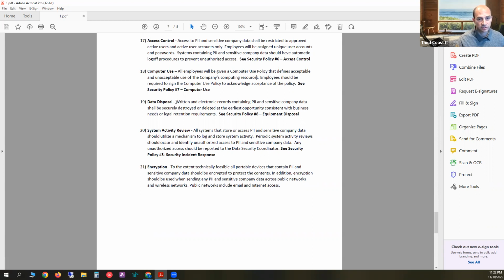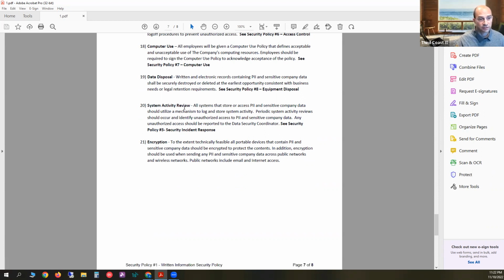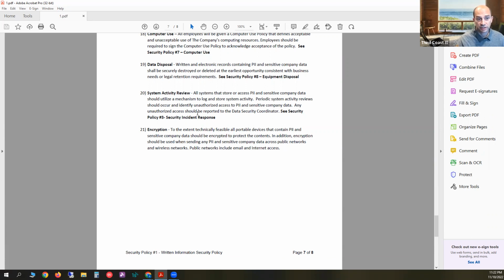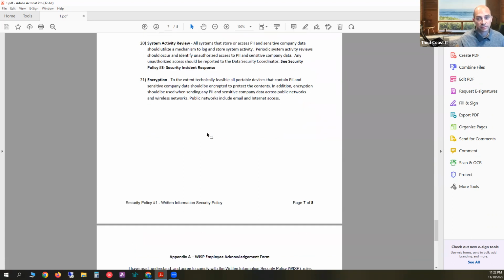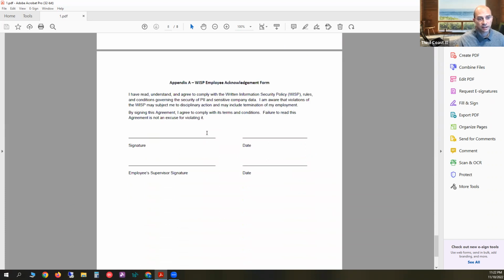That is just a breach waiting to happen for no reason. System activity review, to be able to look back and see who accessed what and when, is an important thing to be able to do. And encryption, whether it be at rest or in motion. And that brings us to our end of our document.